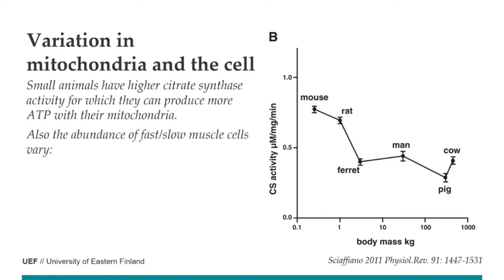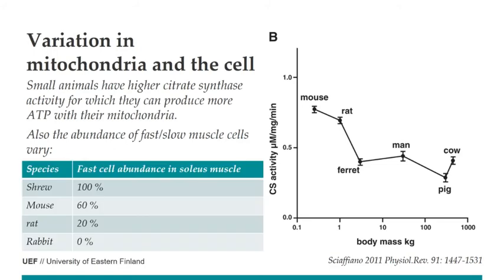And there's also quite a large variation in the fast and slow muscle cells. If you take histologically or anatomically the same muscle, we have learned that the soleus muscle is the slow one. Still, in the shrew, it's packed with these fast cells. 100% of the cells are fast. Then in the mouse, 60% of the cells are fast.